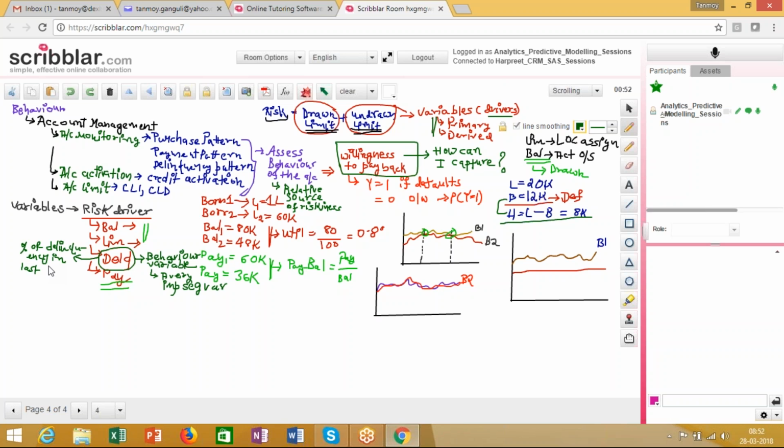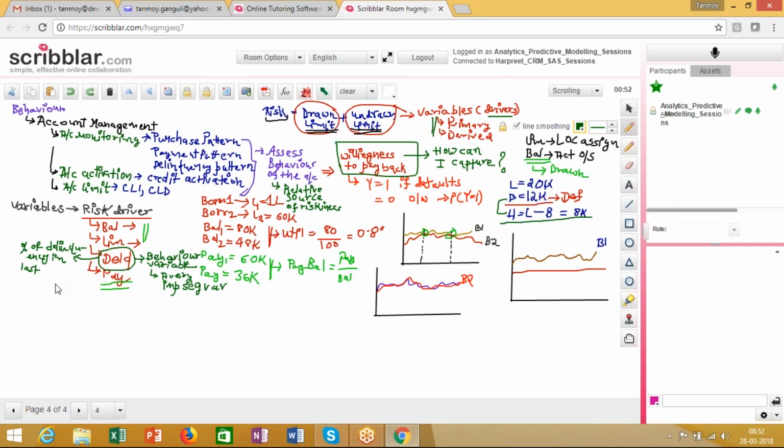So the percentage of time borrower 1 has been delinquent is 1 by 12, whereas the other person has been delinquent nearly 33% of the time, and that is where this comes in.